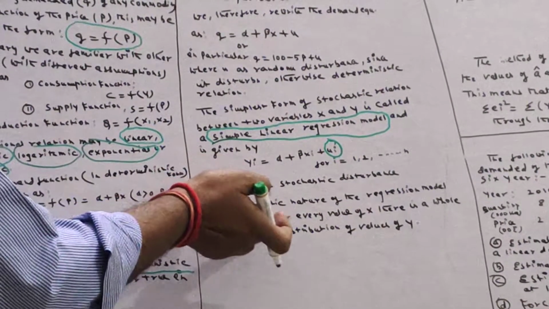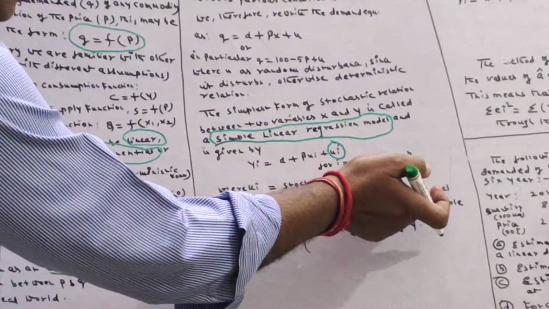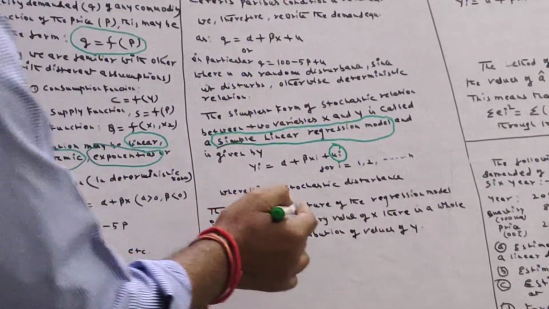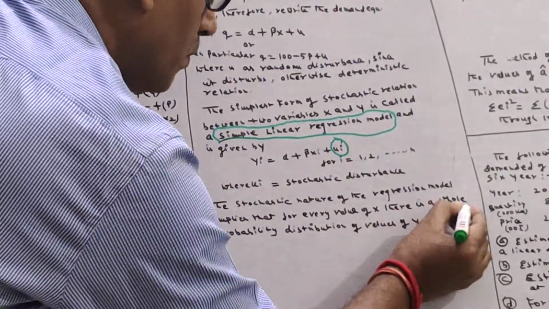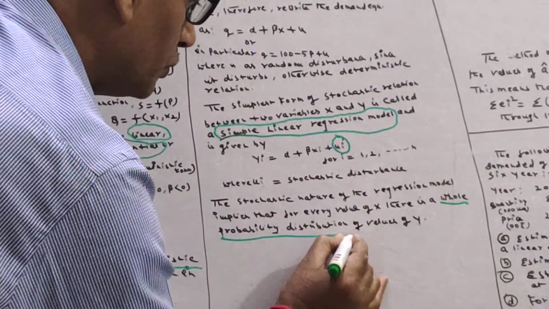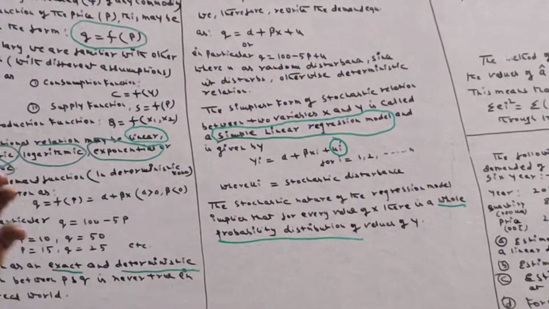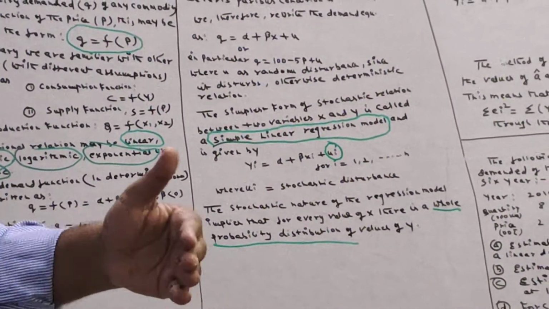The stochastic nature of the regression model implies that for every value of X, there is a whole probability distribution of values of Y.